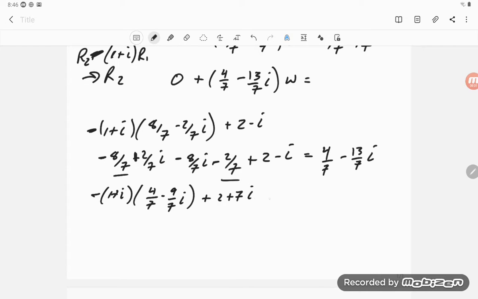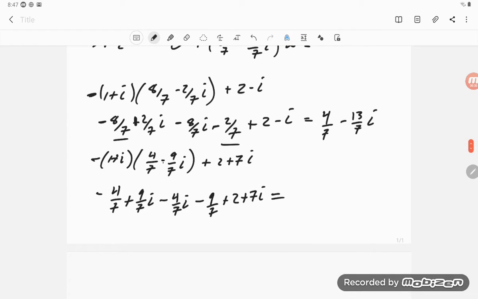Okay, multiply the 1 through again. I get minus 4/7 because of the negative. I'll get a plus 9/7 i. And then multiplying through by negative i, I get minus 4/7 i. And so a negative and a negative make a positive, but then i times i makes -1, so we get minus 9/7, and that's plus 2 plus 7i.